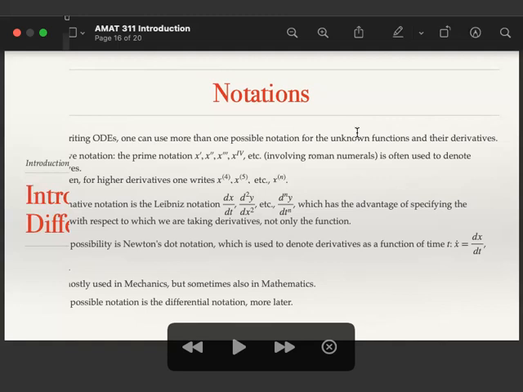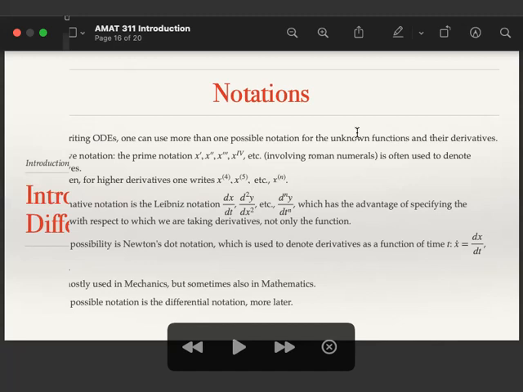So x prime, x double prime, x triple prime. And this is a notation for the fourth order derivative. People use Roman numerals in this manner. So x to the power iv means the fourth derivative of x. And then x to the power v would mean the fifth derivative of x.